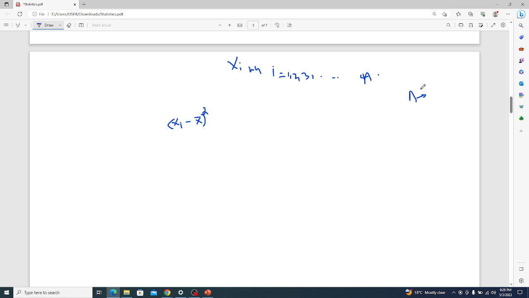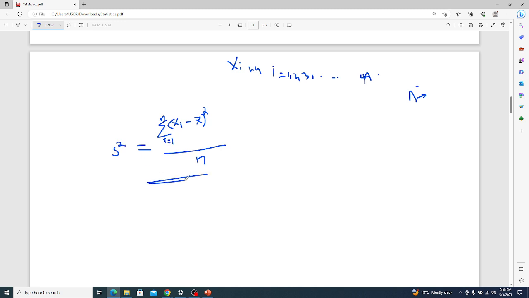We will divide the summation of all these by n. So we add a summation sign from i starting from 1 to n, then divide by n. So we can say this is now the sample variance.